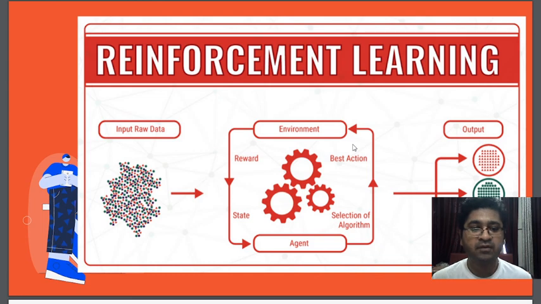So if you have a large scale of raw data, then one by one it is fed into the algorithm. Once it has less error, it rewards the algorithm. If it has more error, then it penalizes it. So based on the environment and an agent, we are going to train the entire data set. This is the method of reinforcement learning.